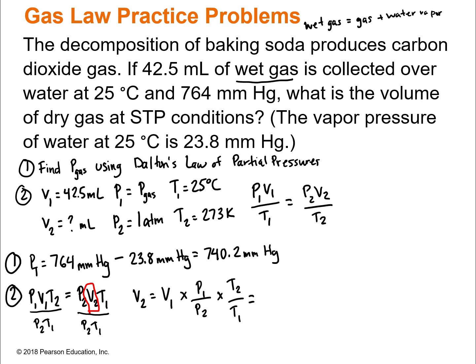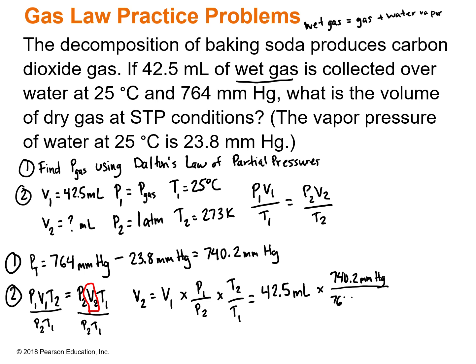Then we just have to substitute in all of the information we have. So the initial volume is 42.5 milliliters. P1 is what we just solved for in part 1 with the partial pressures. That's 740.2 millimeters of mercury. P2 is 1 atmosphere, that's STP, right?